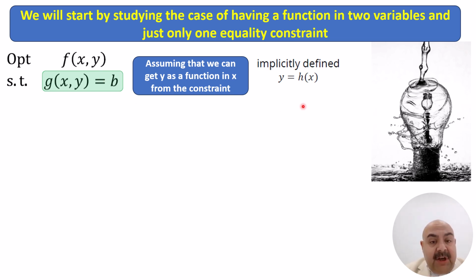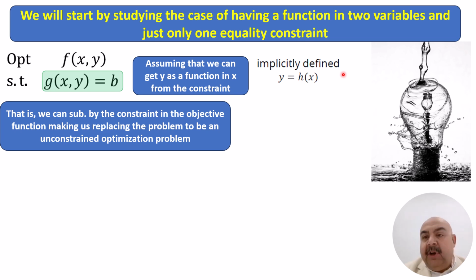So we will need to get back all our information from the implicit function theorem. Thus, we can substitute the constraint in the objective function, having a function connecting everything together.